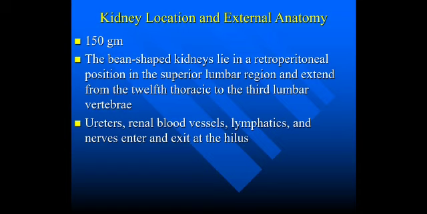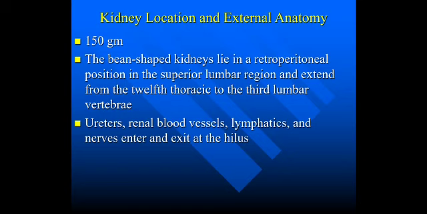The kidney, you all know, is outside the peritoneum, so it is retroperitoneal. It weighs around 150 grams. The kidney is not kidney shaped, it is bean shaped, lying retroperitoneally in the superior lumbar region and extending from the 12th thoracic to the 3rd lumbar vertebrae.